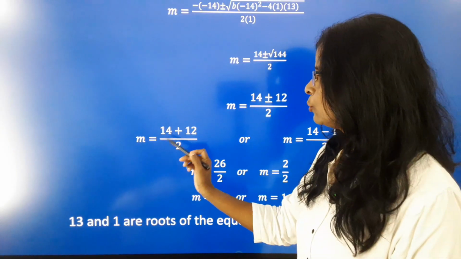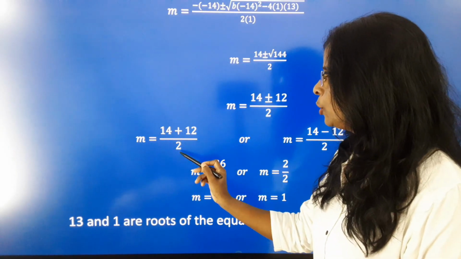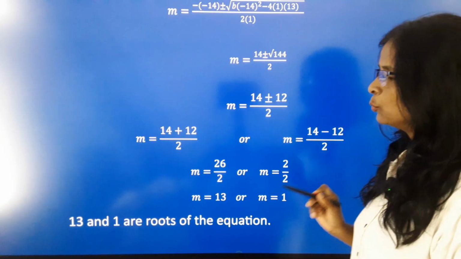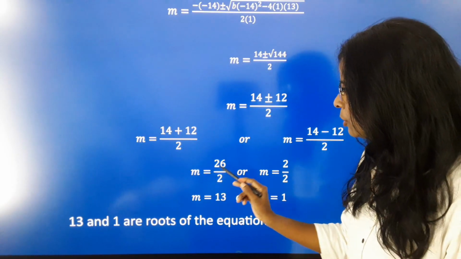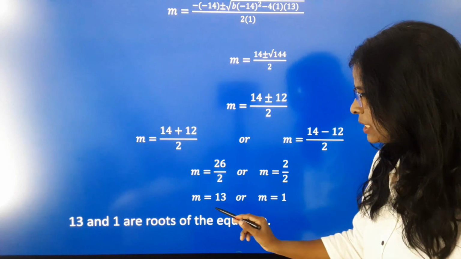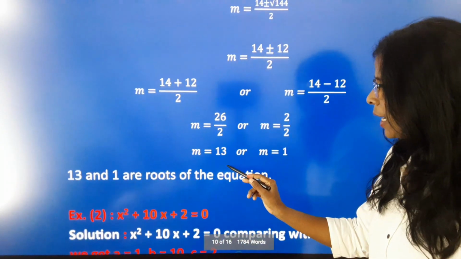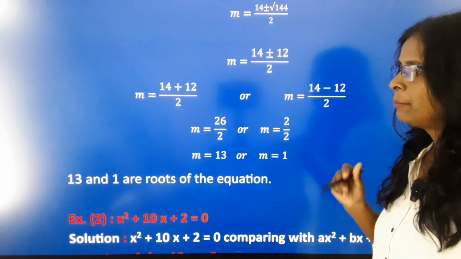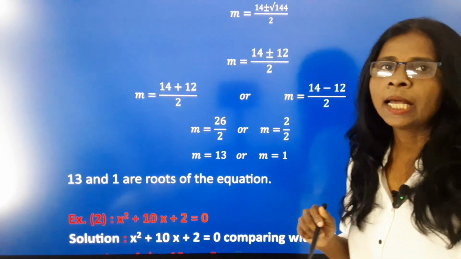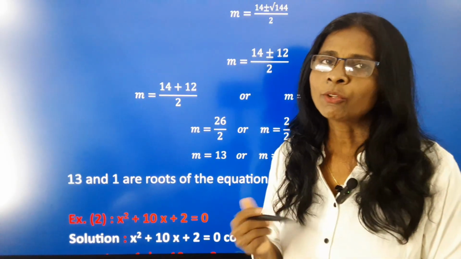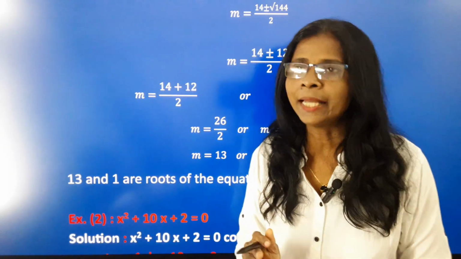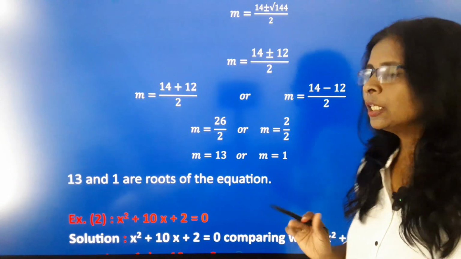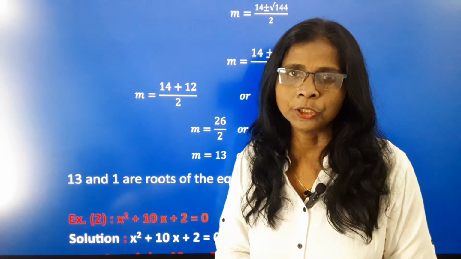So m is equal to 14 plus 12 over 2 or m is equal to 14 minus 12 over 2. So m is equal to 26 over 2, that means m is equal to 13, and m is equal to 2 over 2, so m is equal to 1. So there are two values for m. We say that 13 and 1 are the roots of the given quadratic equation.